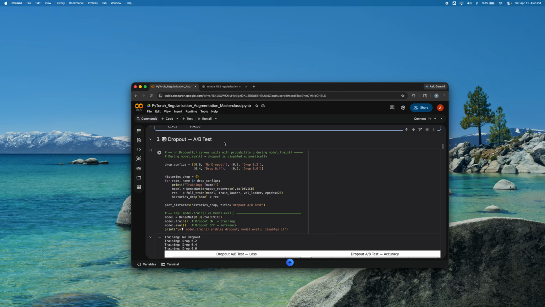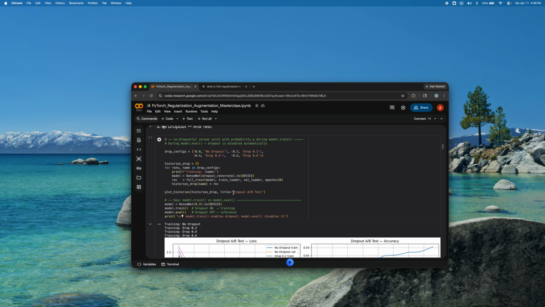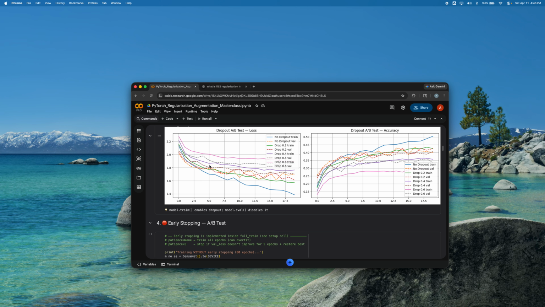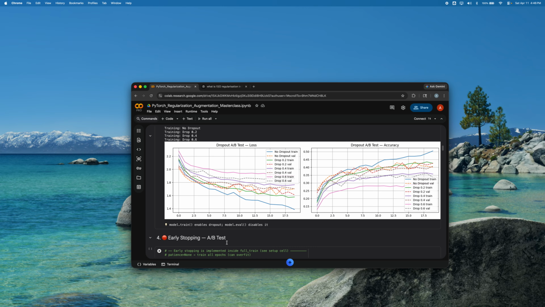Zero is no dropout. 0.2 means each neuron has a 20% chance of being zeroed out. This one has 40% chance, this one has 60% chance. We will be doing the A/B test on all 4, and here you can see the comparison, and you can see how the aggressive dropout affects learning.